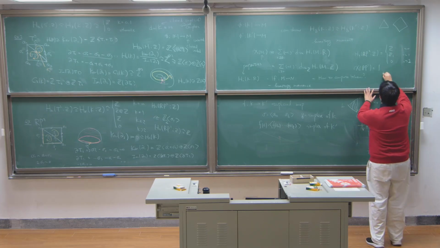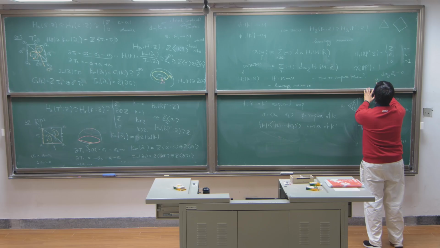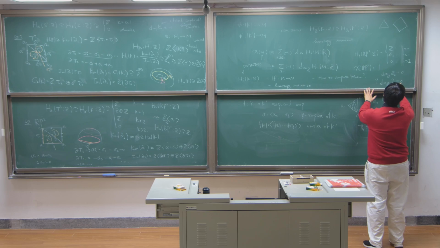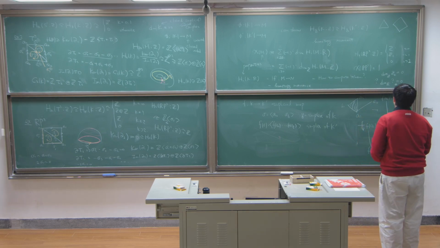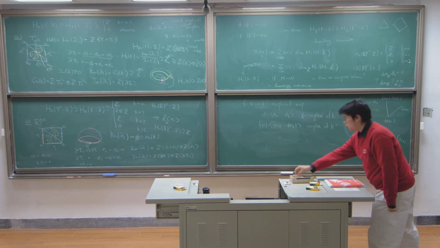But can you find a vector space with dimension 0 that is not the zero vector space? No, you cannot, because R is a field. R is a field.